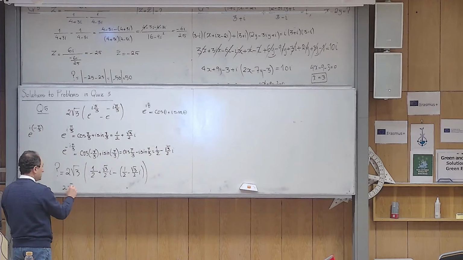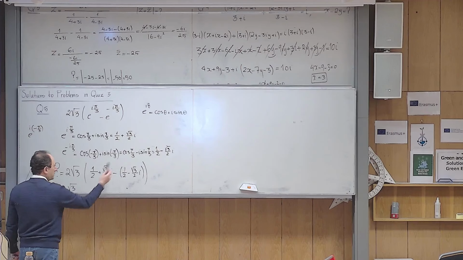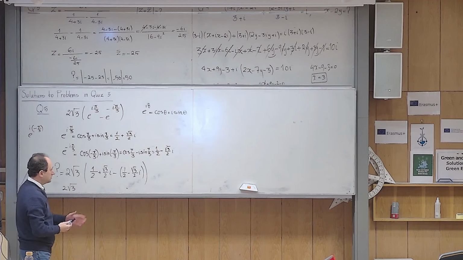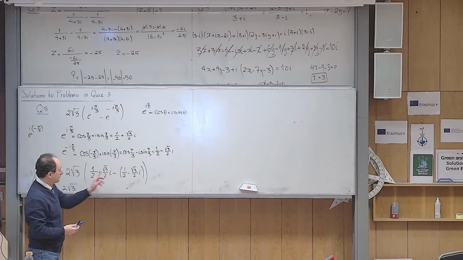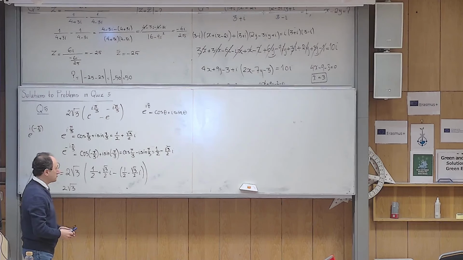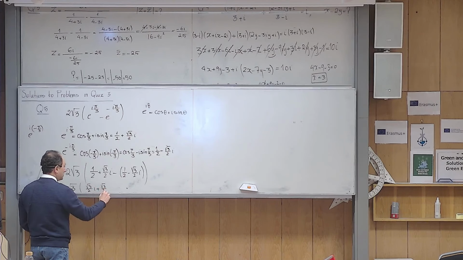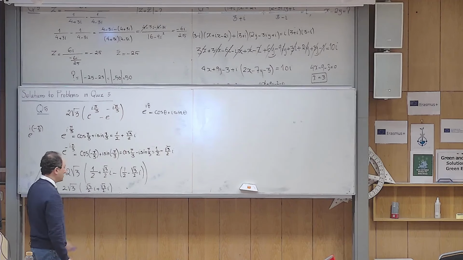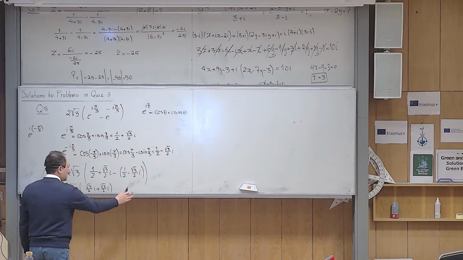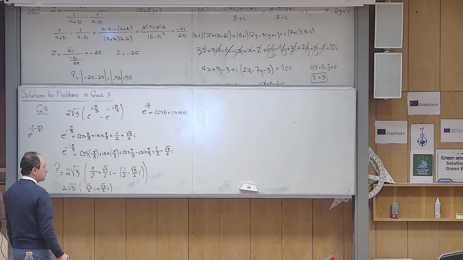So 2 square root of 3. I open up the pair of brackets. Can you do it in your head? Minus 1/2 and 1/2 are gone. But this is minus minus, it becomes plus. So it becomes square root of 3 over 2 i plus another square root of 3 over 2 i. Which is how many square root of 3's now? So yes, it becomes 1 square root of 3.